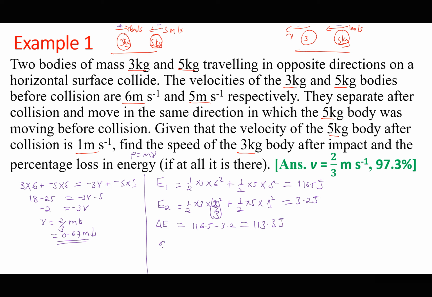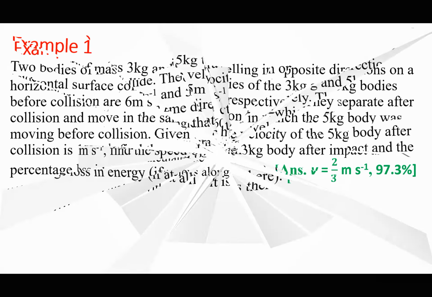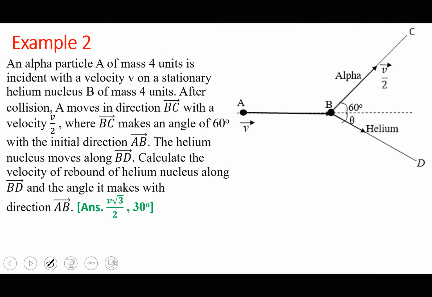Then the percentage loss is going to be 113.3 divided by 116.5 times 100, which is approximately 97%, as required. So I think that is a good example using conservation of momentum and then conservation of kinetic energy. So this collision cannot be elastic, but whether elastic or inelastic, momentum is always conserved.